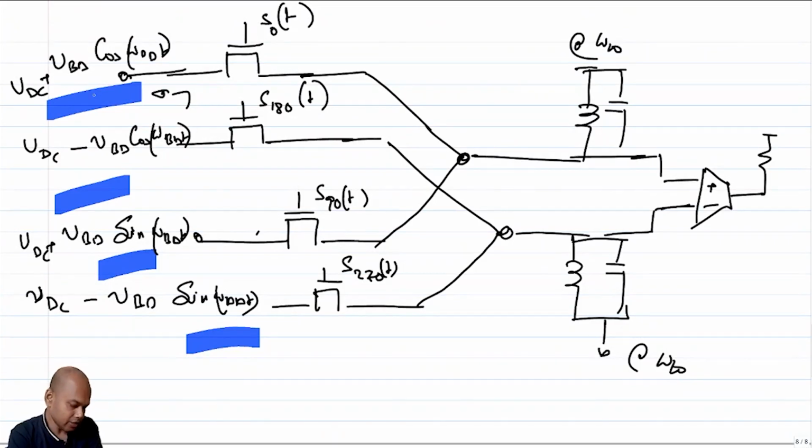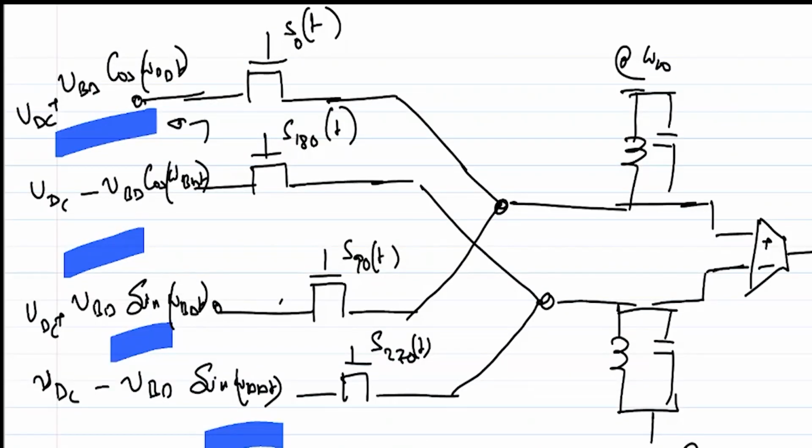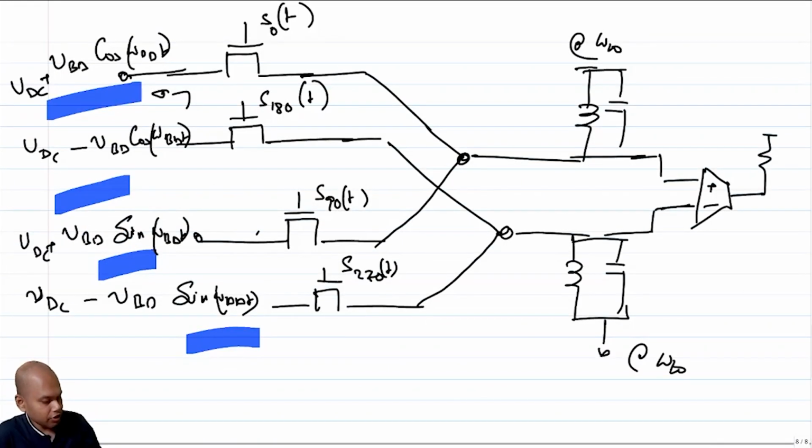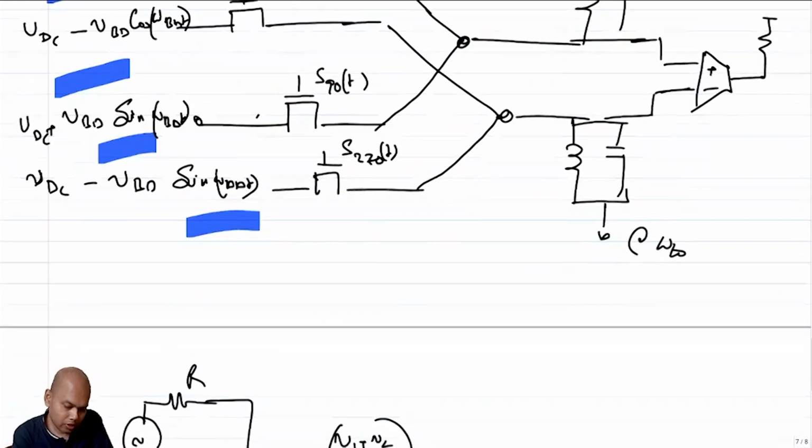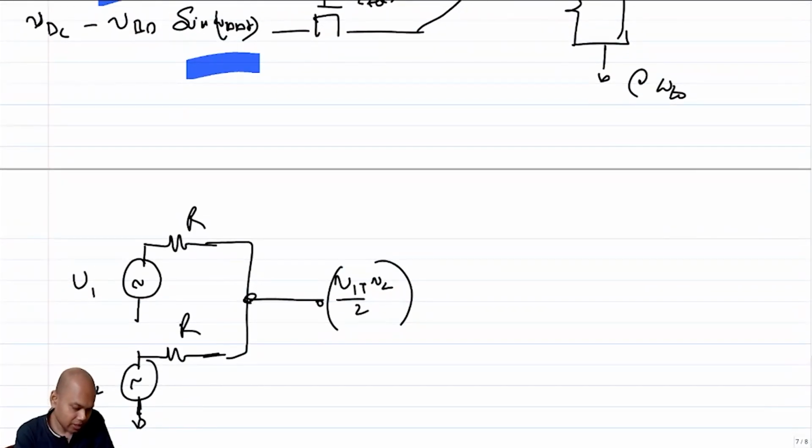So in this case, the block on the left hand side, from where this VDC plus VBB cosine, sine omega LOT and all those things are getting generated, is equivalent to being driven by a voltage source. Then we were assuming that the resistance looking this side is much lesser than the resistance looking left, right? So in other words, we have a resistance here, and you have a load here.